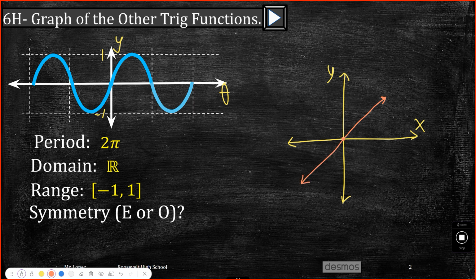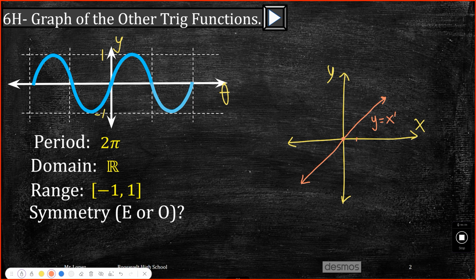What's the equation of this line? It's going to be y equal to x. If x is 1, y is 1. So this line is y equal to x, and the power of x is 1.